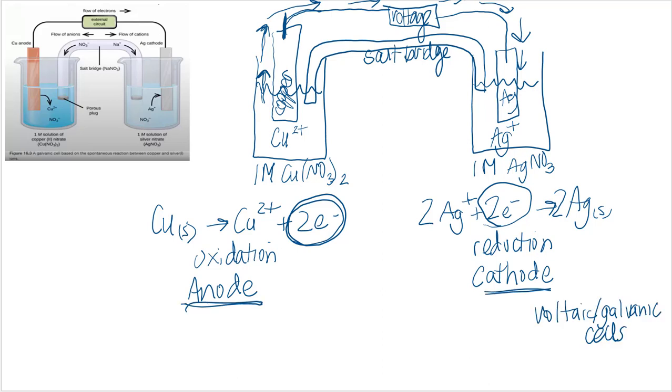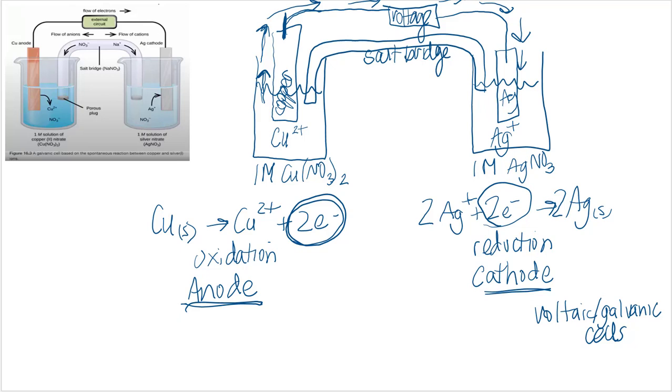Now, I'm emphasizing that voltaic and galvanic cells are the same thing. Galvanic cell is an honorary name named after a scientist, Galvani, and a voltaic cell simply comes from the voltage, the unit that we measure potential difference in. But do hear those as the same term.